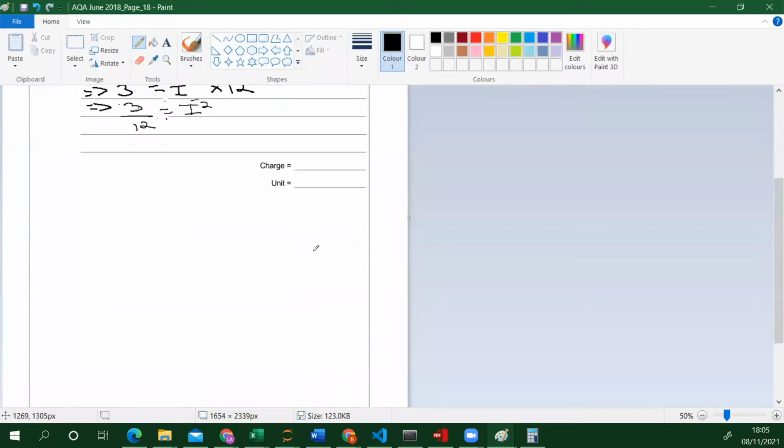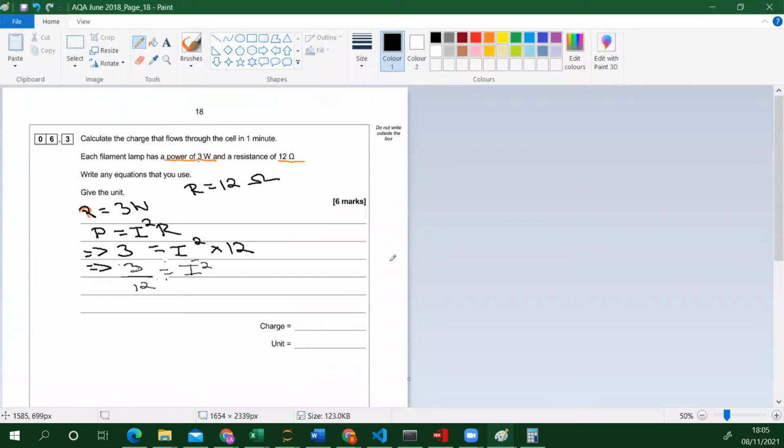It's good they've given us some room here this time. Then we square root both sides: the square root of 3 over 12, in a bracket, equals I. Not squared, because I'm square rooting.